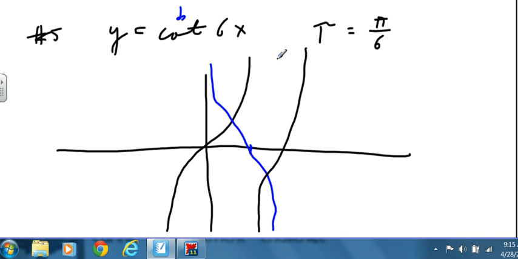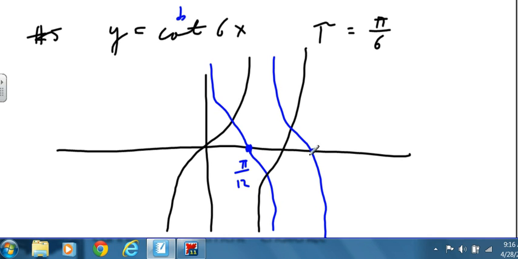My cotangent function doing that. All right, so that's better. Okay, so my cotangent function is going to pass through 0 at pi over 2 if I had a regular guy. Okay, well this isn't a regular guy. The period is pi over 6. So that means between here and there has to be pi over 6. So that has to pass through pi over 12.